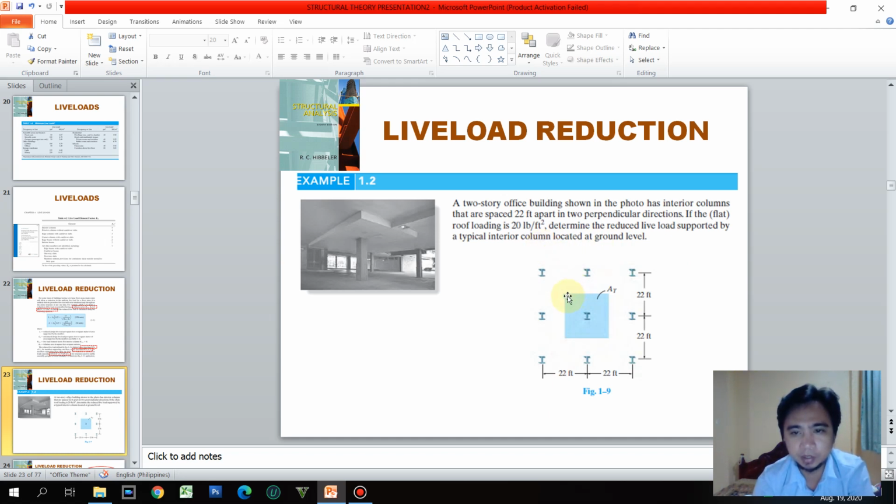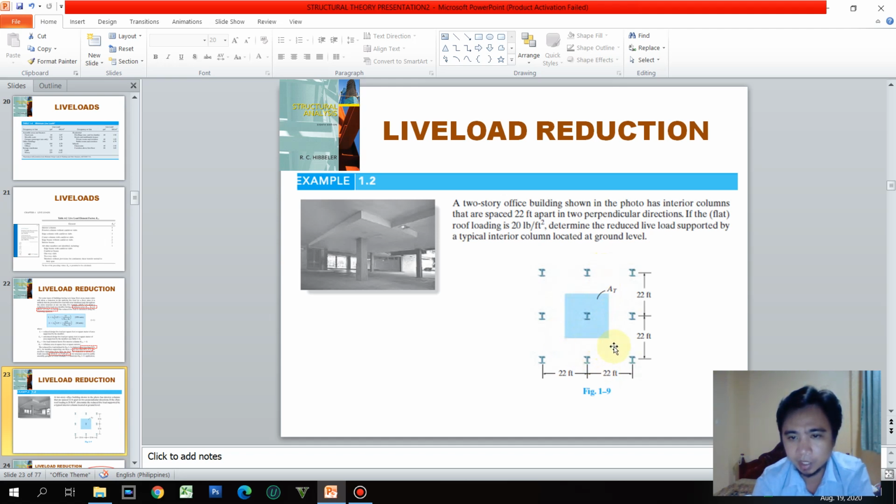As we can see here, the tributary area is the half dimension of the nearest adjacent area carried by this column. So if this is 22, the tributary boundary here is 11 on this side and also 11 on the other side.